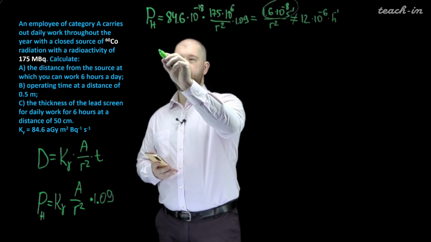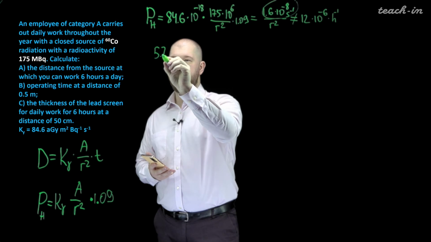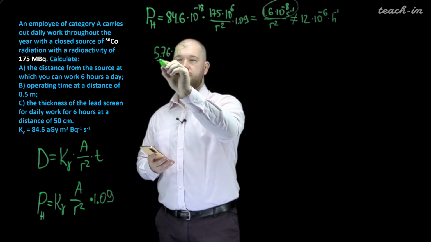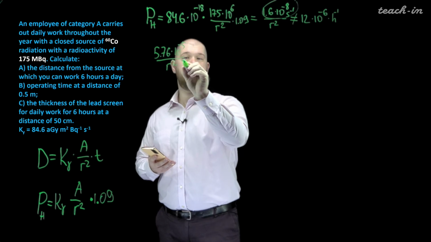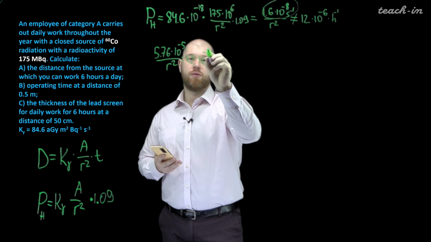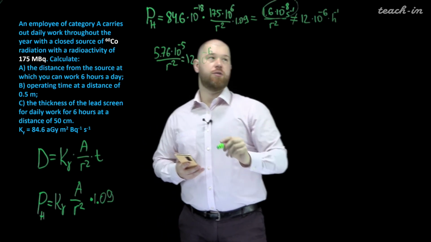So now we have 5.76 × 10 to the minus 5 divided by r squared, and now it is equal to 12 microsievert per hour.